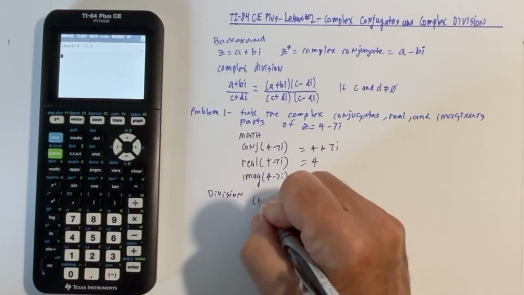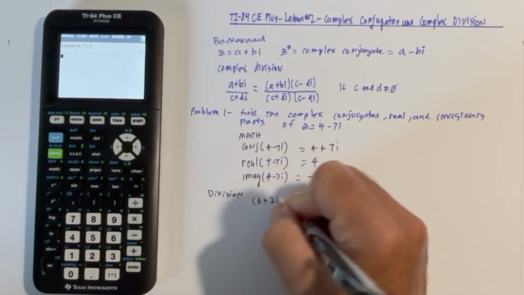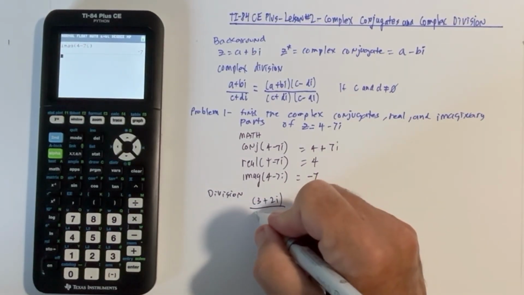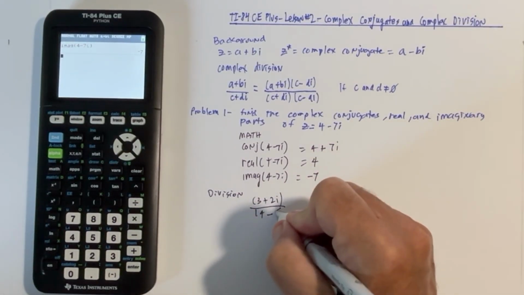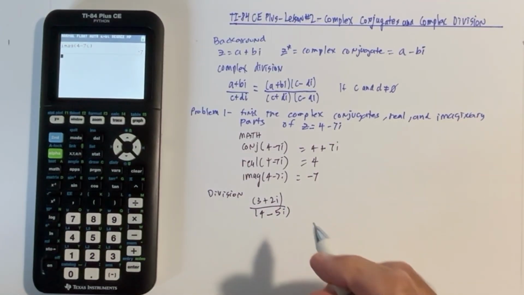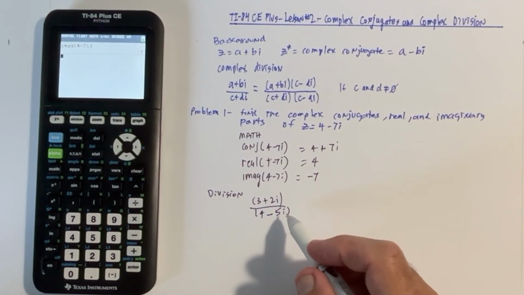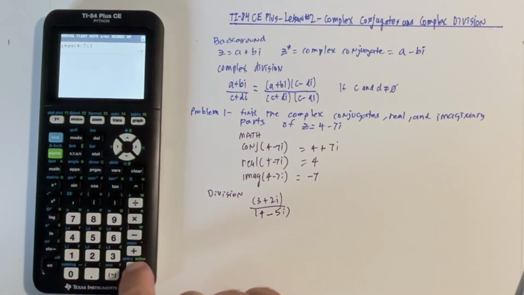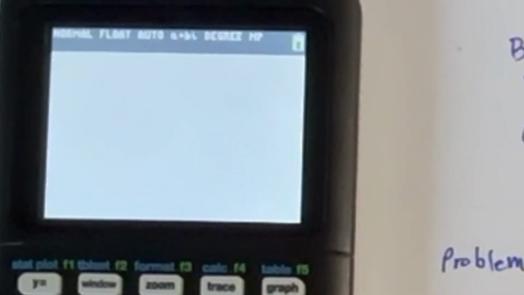Now let's do a division problem. Let's take the example 3 + 2i divided by 4 - 5i. We're going to divide these two complex numbers by each other. Let's clear it again. Let's enter the first number, 3 + 2 second i.